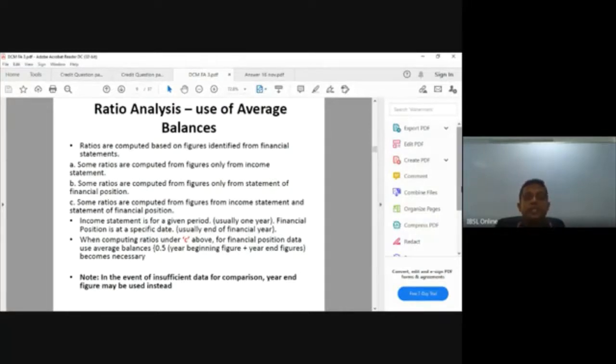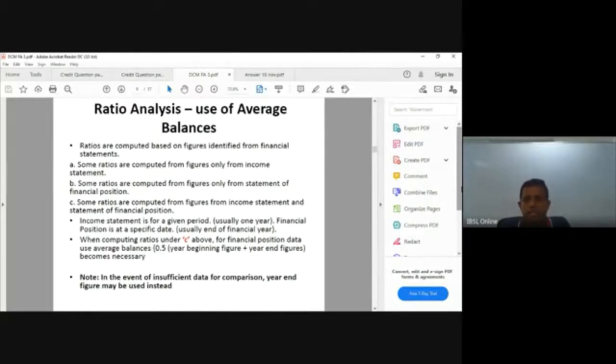But under option C, where you take one figure from the income statement and one figure from the balance sheet, in that case you need to take the average of the figure that you take from the balance sheet. For example, return on assets.